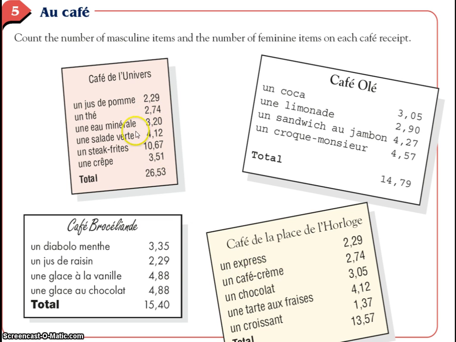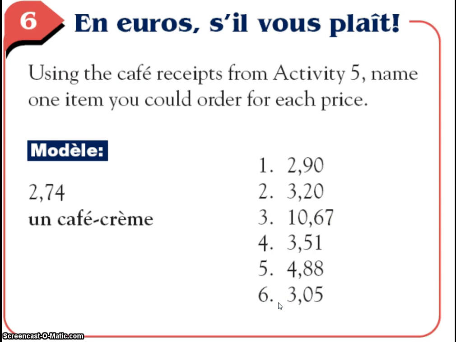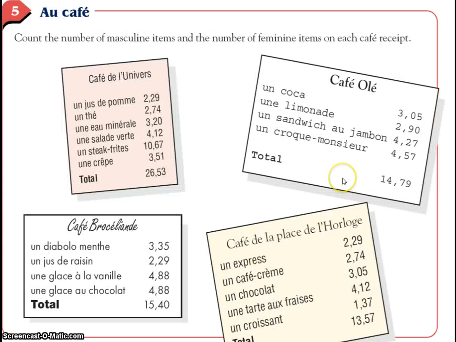So you can order either one. I give you a café crème, because you just say one item you could order at that price. If we go to 290, you can order a lemonade, une limonade.